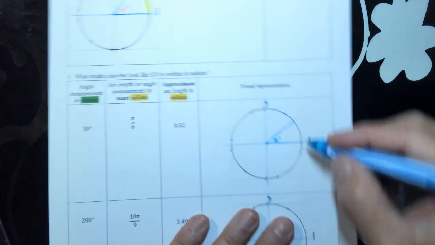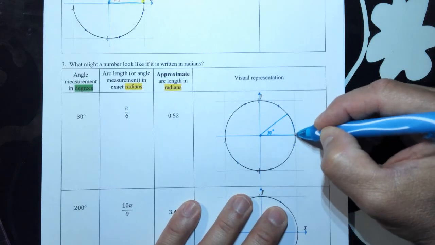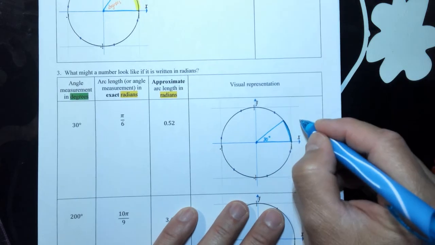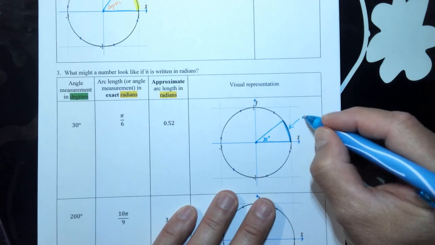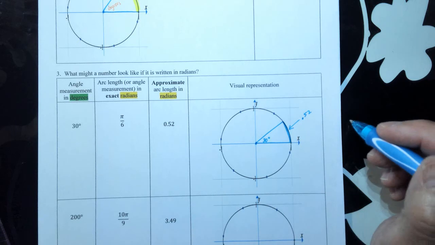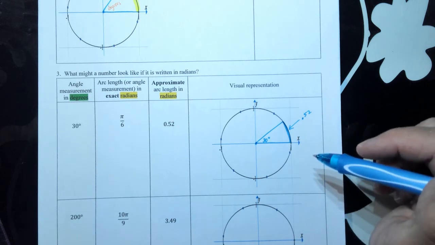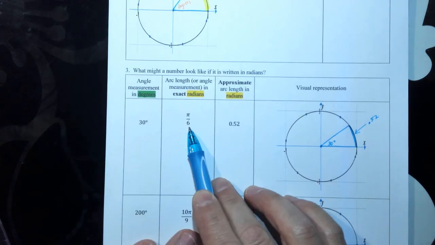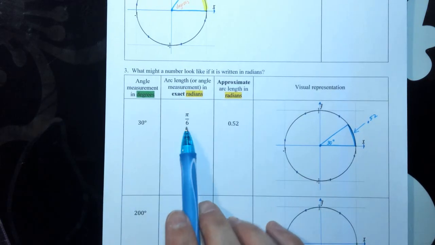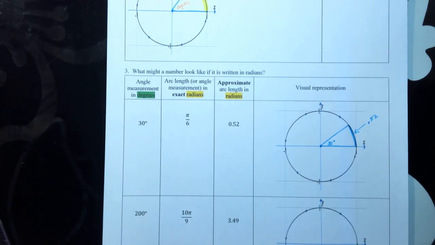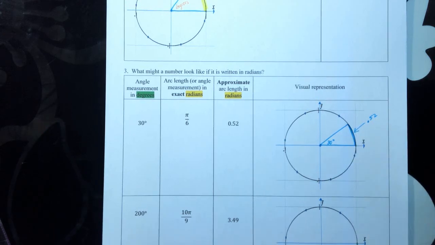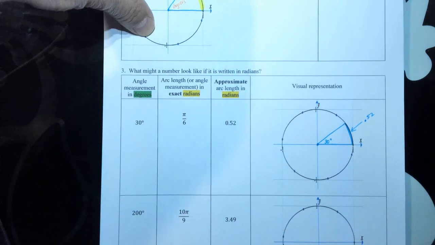Yeah? Well, if I ask you how long this is, you would say it is 0.52 inches, or 0.52 radians long. Or a better answer than 0.52, pi over 6. And I'm going to show you how to get this answer in a little bit. Yeah? That's way off, by the way. That should be more down here. Whoops. Oh well. I should have used a protractor.